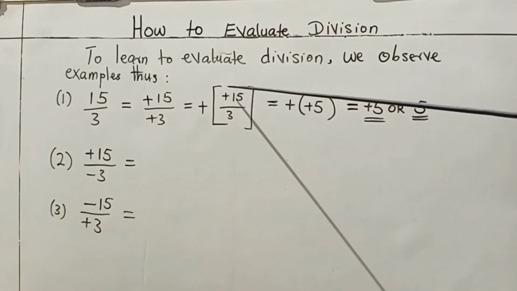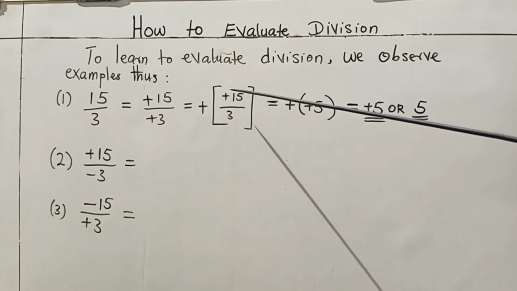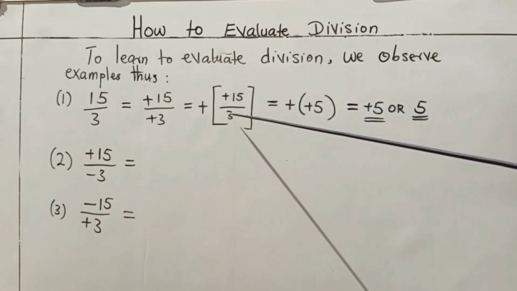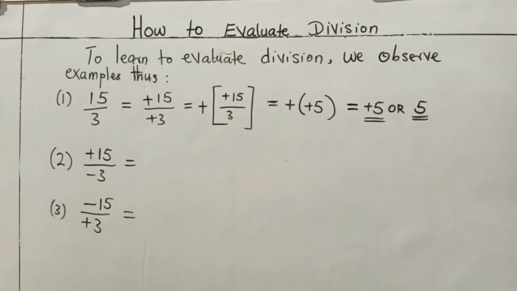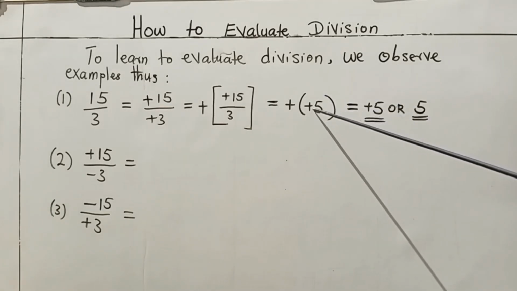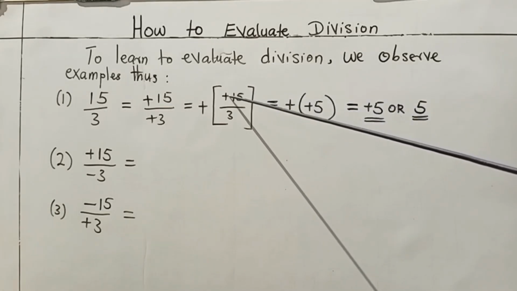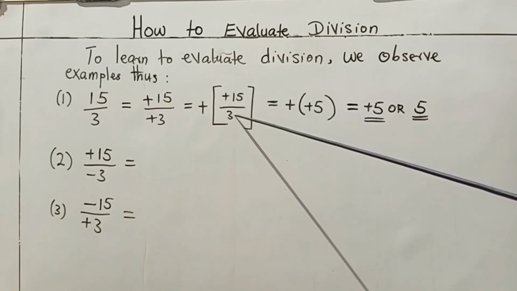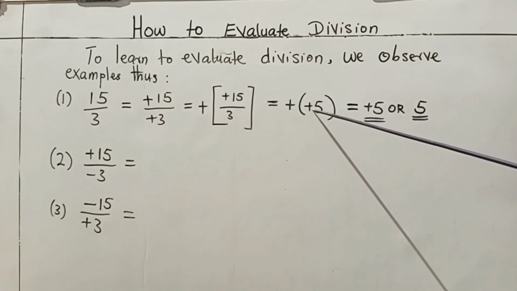Somebody has 15 and he breaks what he has into 3 equal portions. What will each portion be? It will be having 5. That is, having 15 broken into 3 equal portions will be having 5.